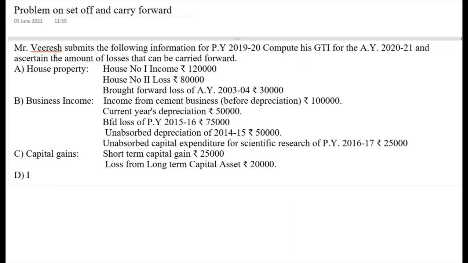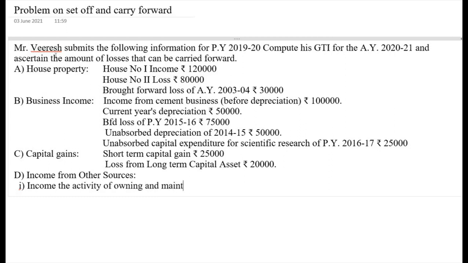D. Income from other sources. Income from the activity of owning and maintaining race horses, rupees 1,50,000.